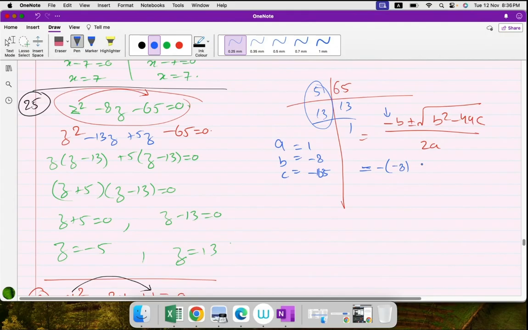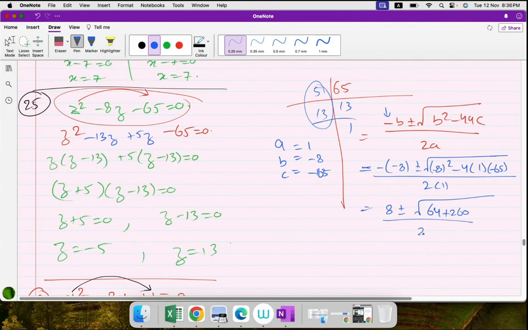So minus b plus minus square root of b square minus 4, a is 1 and c is negative 65. Be careful with positive and negative signs. Over 2a. So minus minus, that's 8 plus minus square root of 8 square is 64, and minus minus 65 into 4 is plus 260, over 2.